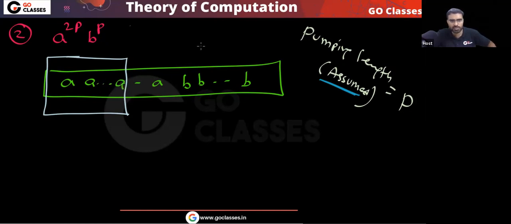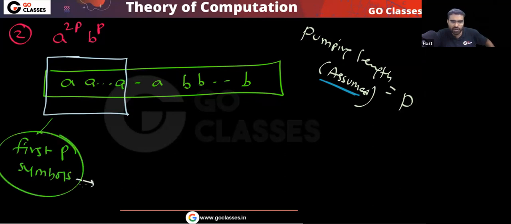So this is your first P symbols. Remember, these are your first P symbols, and in these you will find Y. Now tell me, can you notice something interesting? Whatever Y you take, if you repeat it 0 times, this equation will be disturbed.